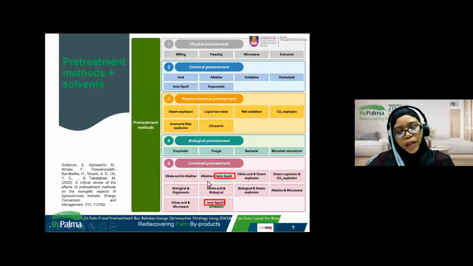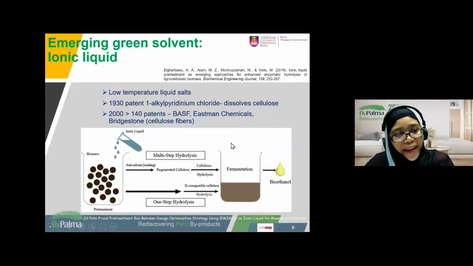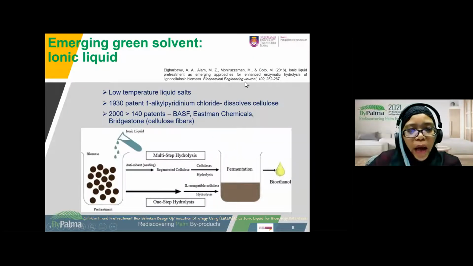Sultanian reported that we could try alkaline with the ionic liquid, or the ionic liquid with the ultrasonic, apart from only using one kind of pretreatment process. So what is ionic liquid? Agbor in 2016 wrote an article entitled Ionic Liquid Pretreatment as Emerging Approaches for Enhanced Enzymatic Hydrolysis of the LCB itself.